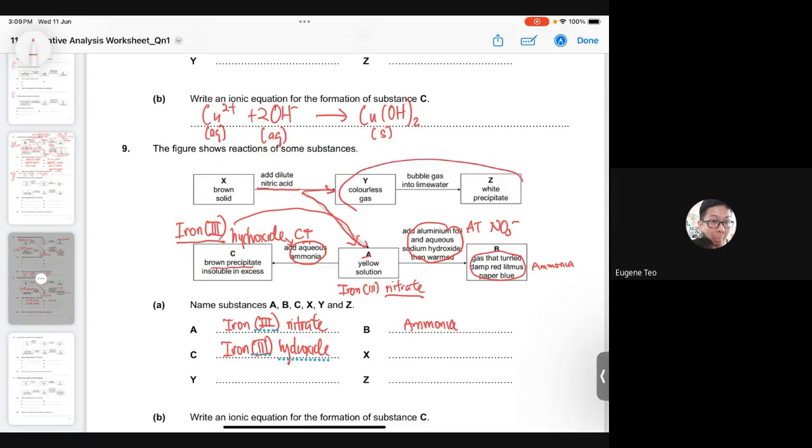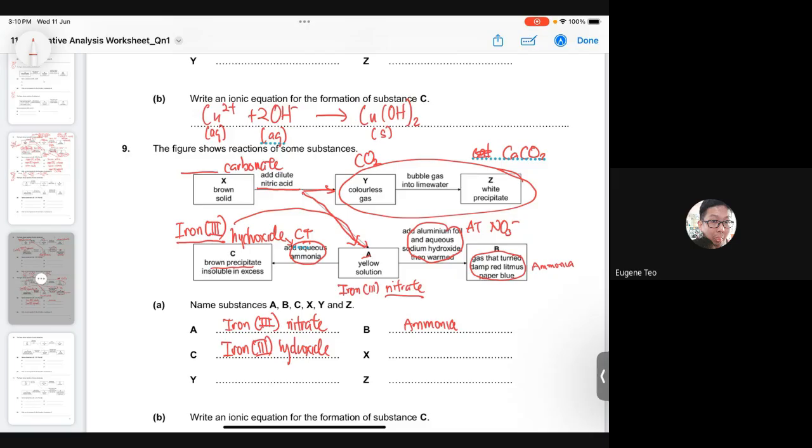Once again, you realize this one is the same thing again. So I'm not going to run through the whole thing again. You know Y is carbon dioxide gas. You know Z is calcium carbonate, which is CaCO3. And hence, you know that X contains something carbonate because it's an acid plus carbonate reaction.